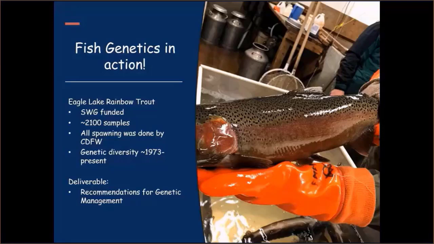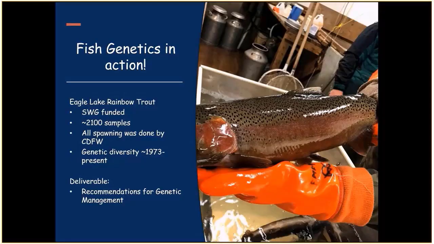Their one main water source is Pine Creek, and that's blocked by a weir, where we collect fish and do all the spawning. Eggs are taken to Darrah and Crystal Lake hatcheries, where they're grown out, and then the lake is repopulated. So one of the questions was, how good of a job are we doing at preserving diversity in these fish, since all the reproduction is essentially done by us?